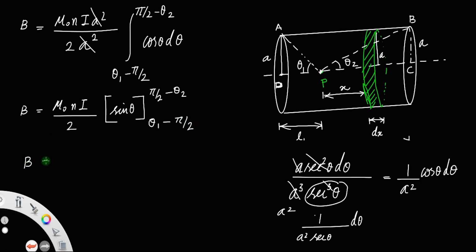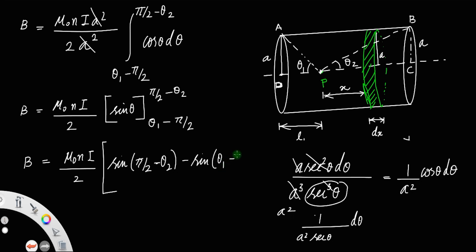So B is equal to mu 0 n I divided by 2. First replace this theta with the upper limit. Sin pi by 2 minus theta 2 minus the lower limit, sine theta 1 minus pi by 2.